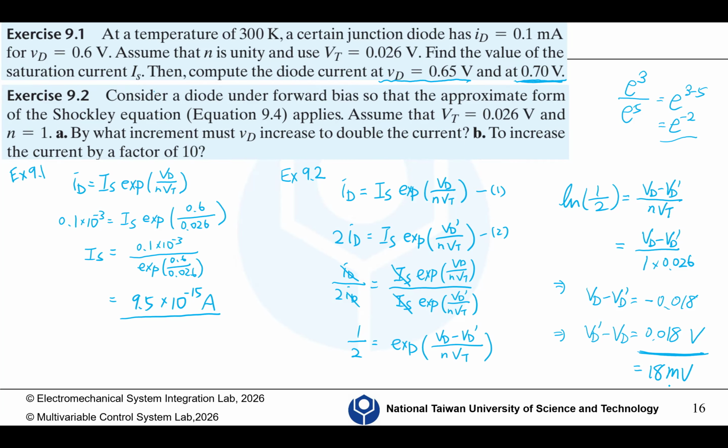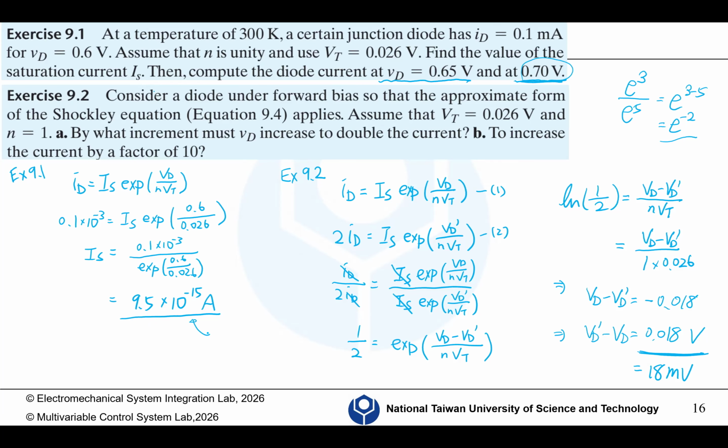And one more thing I want to talk about, because if you look at the answer of exercise 9.1, at VD equals 0.65 volts, its current is very small, 9.5 times 10 to the power of minus 15. No, this is its saturation current.